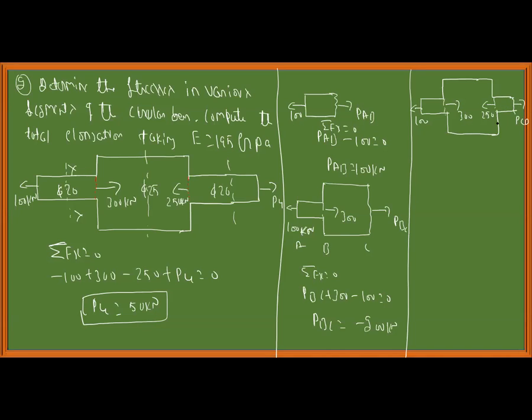PCD. Summation of forces in x direction is equal to 0. PCD minus 250 plus 300 minus 100 is equal to 0. Can you tell me what is PCD? PCD minus 250 is minus 350. PCD is equal to 50 kilonewton. Right?